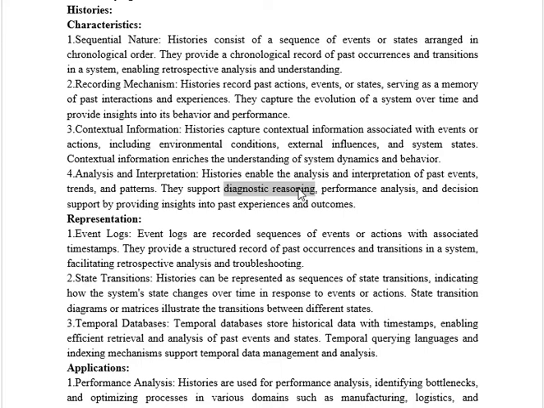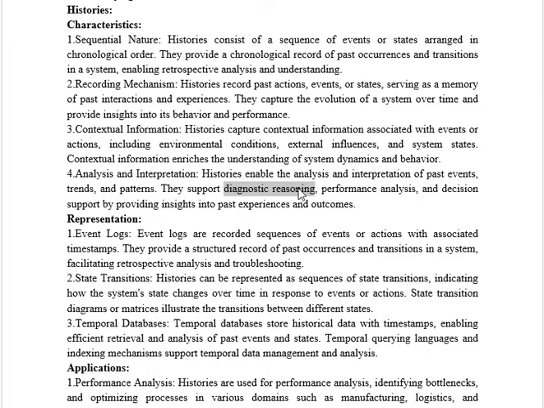What is the first one? First one is sequential nature, where the events will be in the form of a sequential order. Recording the mechanisms: what are the events, actions performed, we have to record that so that we can use the thing in the future also. Contextual information: we have to take the relevant information according to the context.